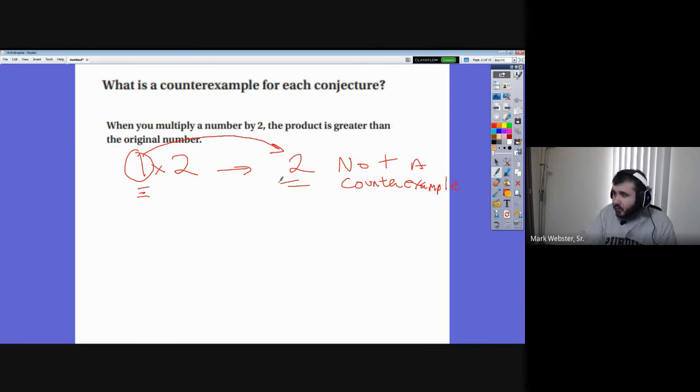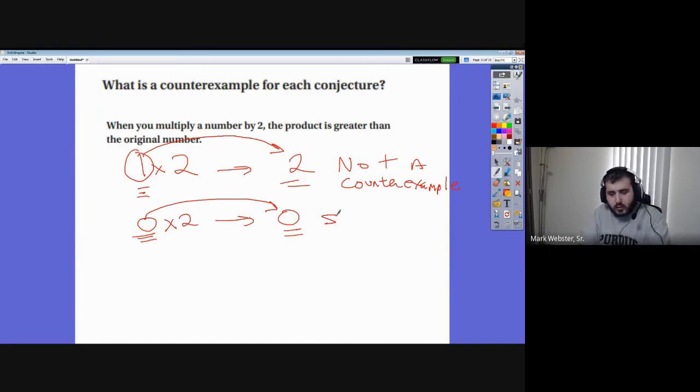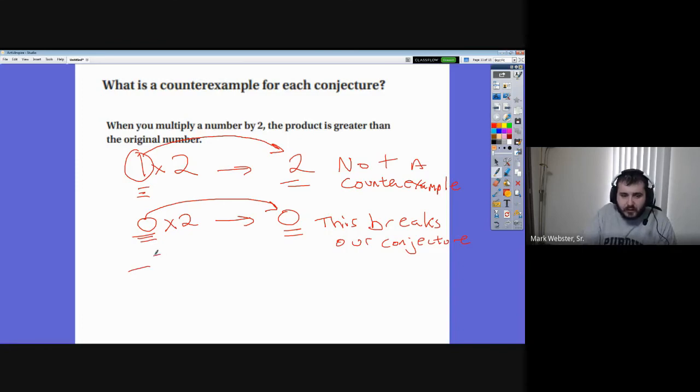But the second one you're saying is a good one. Look, 0 times 2. When I multiply 0 by 2, does it get bigger? No. Here's another one that's a really good one, like negative anything.